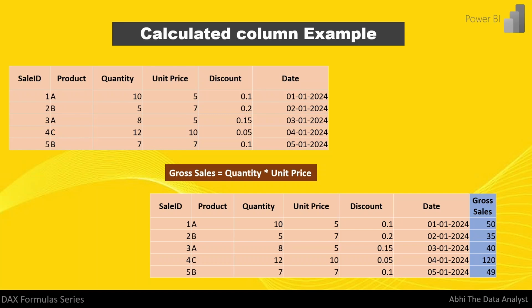Using the initial data model, creating a new column is called a calculated column. This particular column will be stored with your data model itself, and this is kind of static. So this will be refreshed whenever the data is refreshed, that means when the new data has been refreshed.